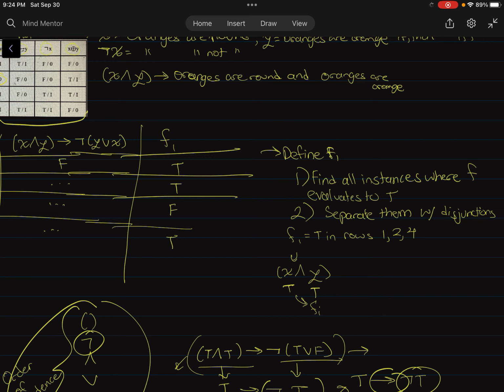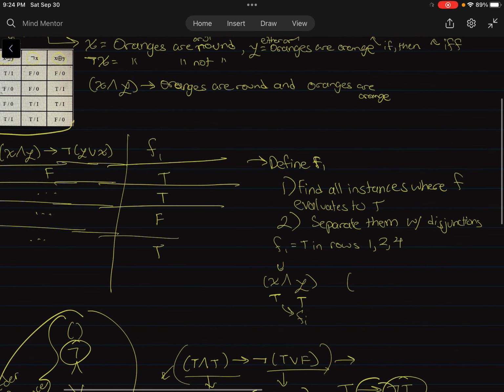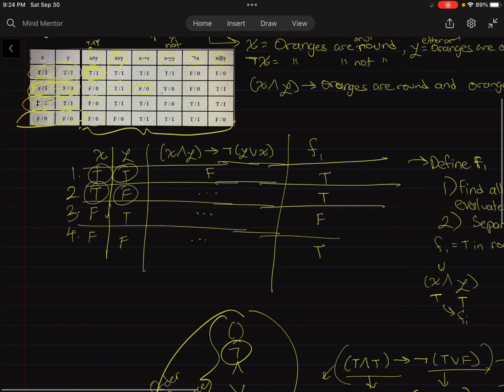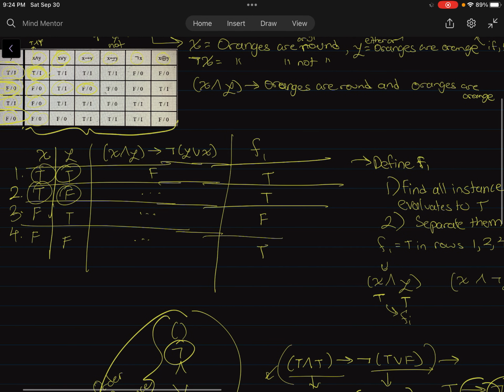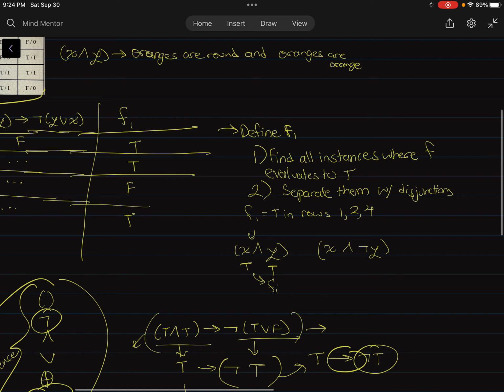And then in row 2, we have something like x and not y, because y is false in row 2, you can see, right here. Y is false in row 2, so we have x and not y. So if we substitute true for x and false for y, then not y will evaluate to true, and true and true will also evaluate to true, right?